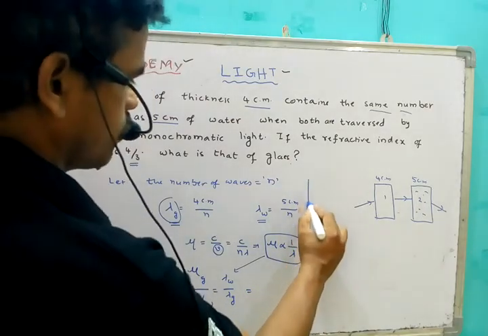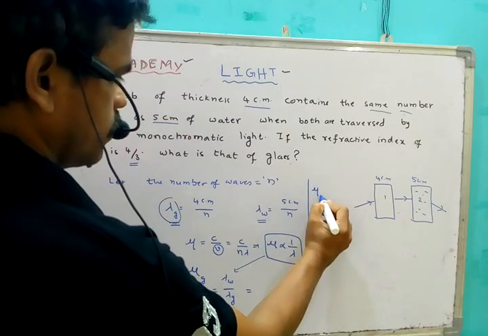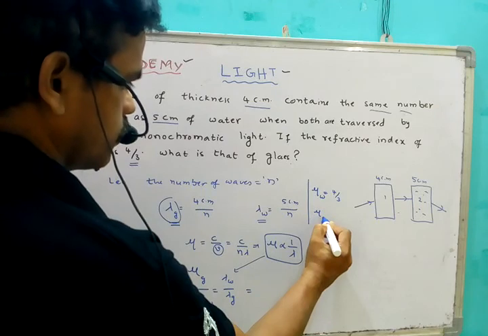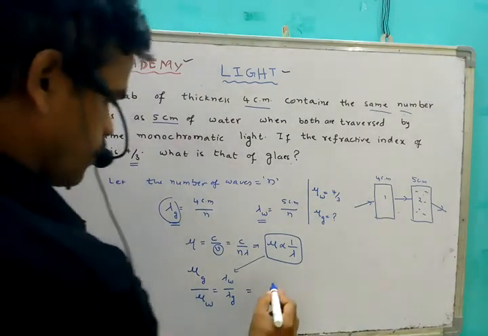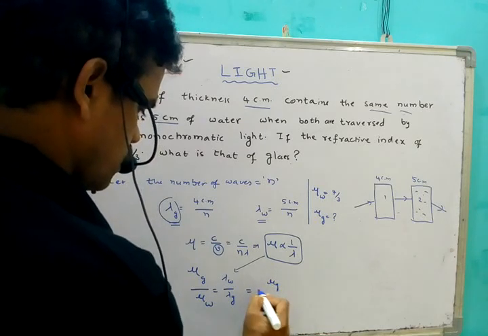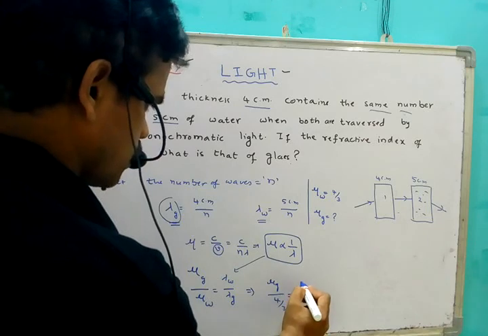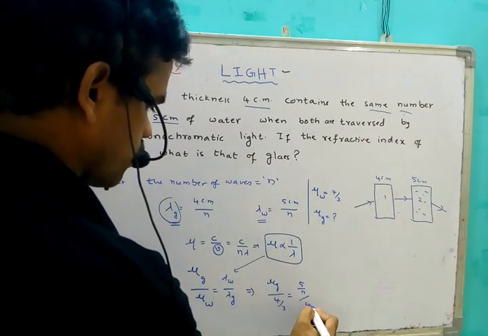Already we have one value here, the refractive index of water, which is equal to 4 by 3. We have to find the refractive index of glass. So substitute: mu g by 4 by 3 is equal to lambda w, 5 by n, over lambda g, 4 by n.